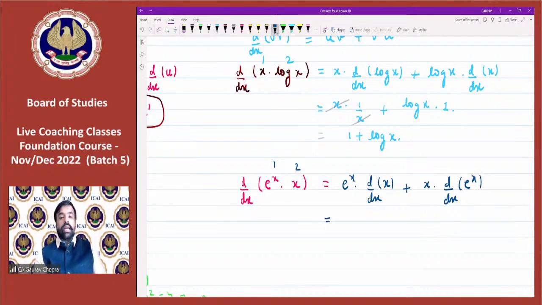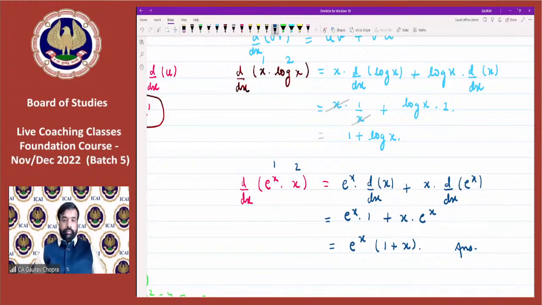And now see what happens. e to the power of x. Now the derivative of x is simply 1, plus x remains as it is. The derivative of e to the power of x is the same. Now we can take something common. e to the power of x is common. The final result is e to the power of x multiplied by 1 plus x. This is the final answer.